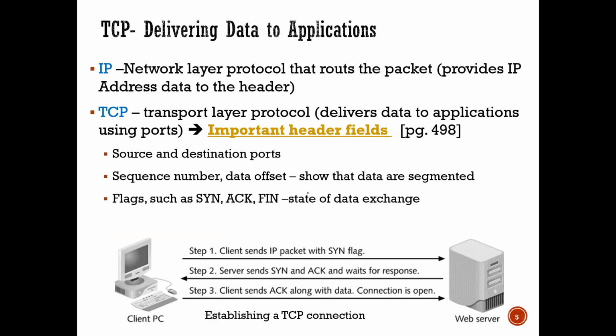Okay, so in TCP/IP, as we know, there's a TCP and there's IP. IP is Internet Protocol, TCP is Transmission Control Protocol. The IP is considered a network layer protocol, because it handles all the IP addressing and how to route IP addresses.